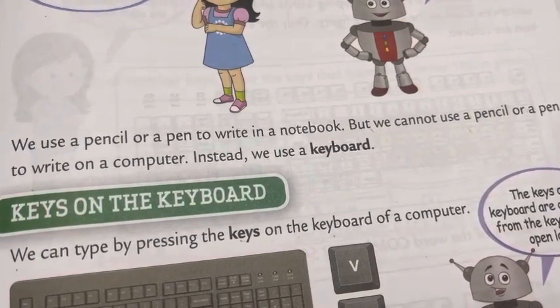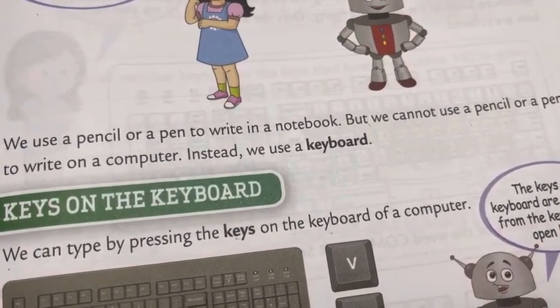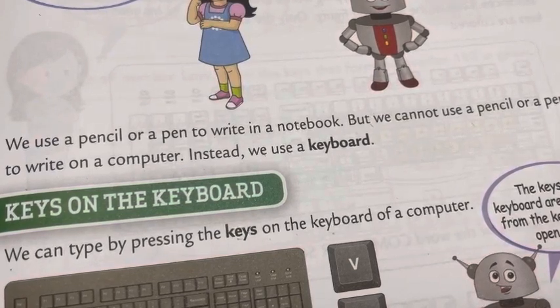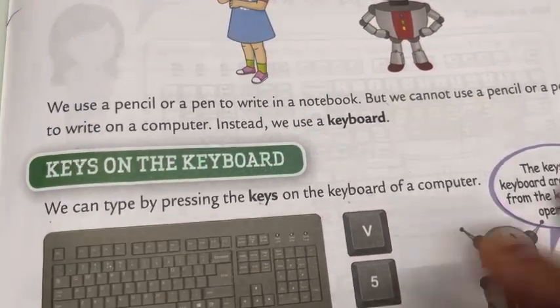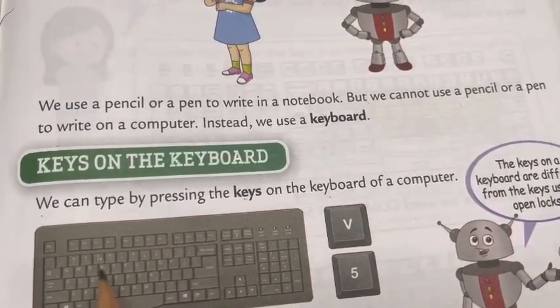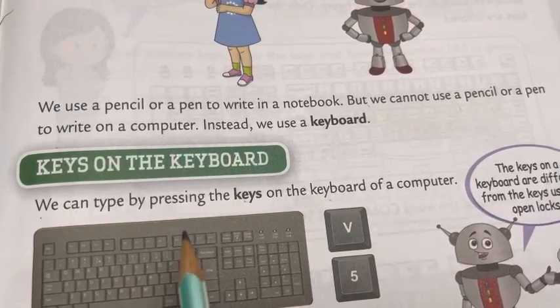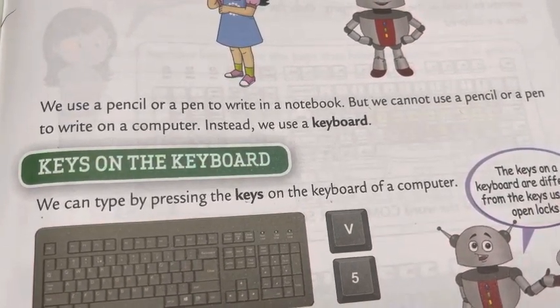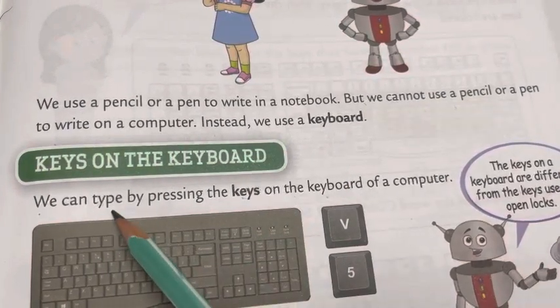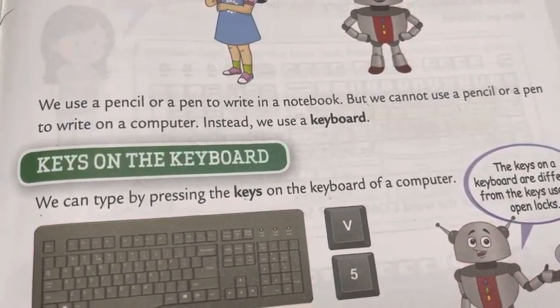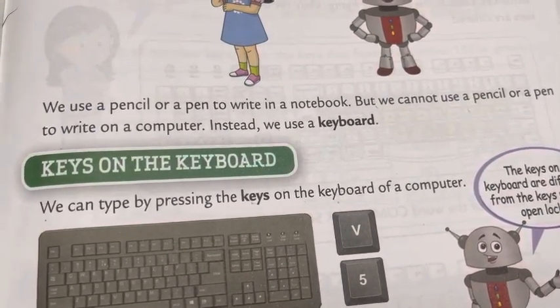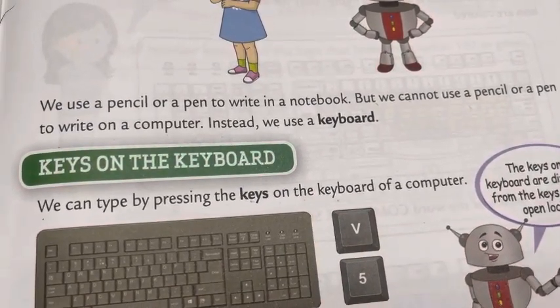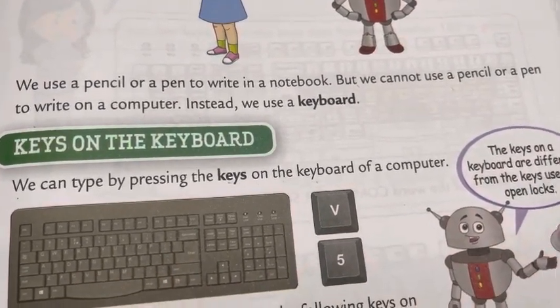So how can we write on a computer? By pressing the keys. These are the keys. While pressing these keys, we can write on the computer, right? So by pressing the keys, we type. We can't write on a computer; we type by pressing the keys on the keyboard.